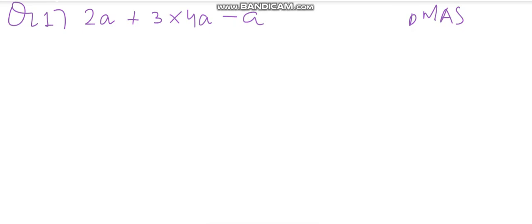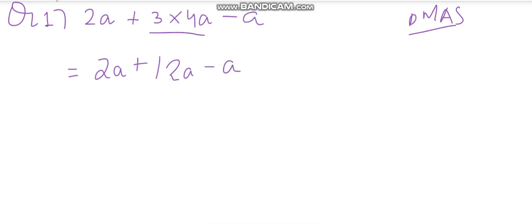Because we don't have any powers or brackets here, we will just use the DMAS rule. We have addition and subtraction, but before them we have multiplication, so this part will be solved first, which gives 2a plus 3 times 4 is 12, and a minus a.